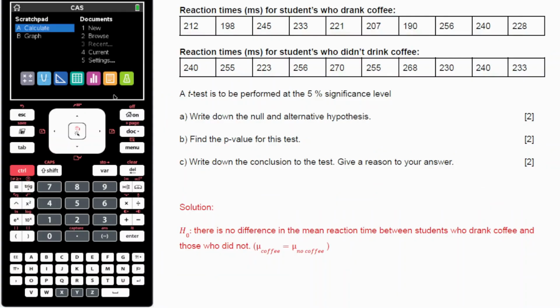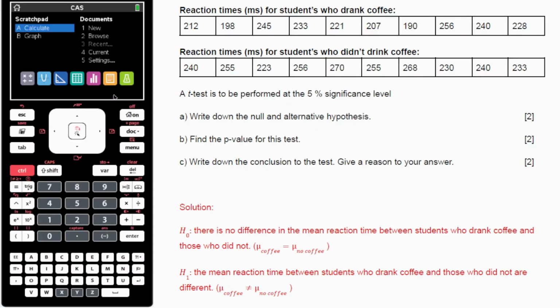And that will be our alternative hypothesis. So our alternative hypothesis is that the mean reaction time for students who drink coffee is different than for students who did not drink coffee. Now let's go into the calculator to find the p-value, and then we can do the conclusion.